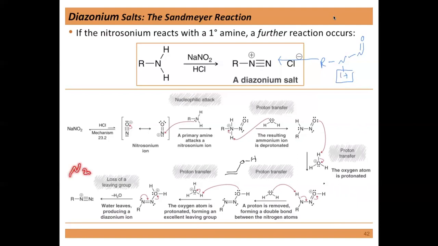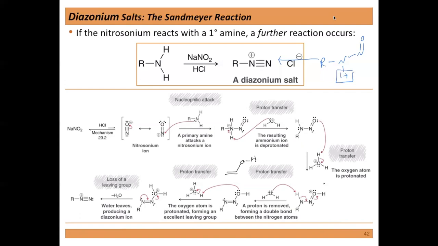N2 is a very stable molecule. It's a gas, it makes up 80% of what you inhale, and there's just a lot of strength in those bonds. So that's what's driving this reaction, as well as entropy when you lose water. So you end up with what they refer to as a diazonium. Azo comes from the name for dinitrogen compounds, so it's a diazonium.